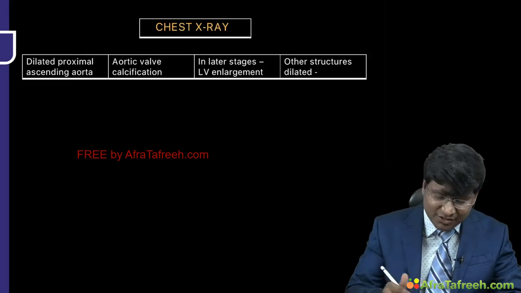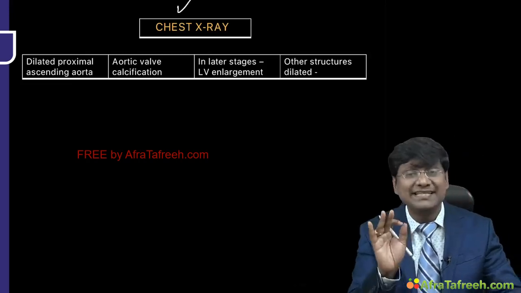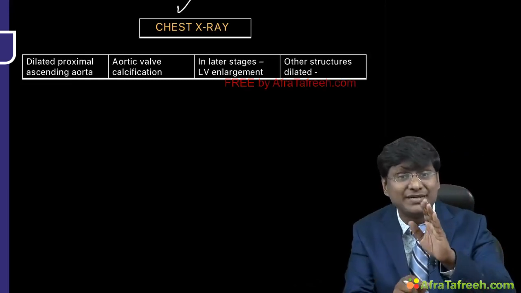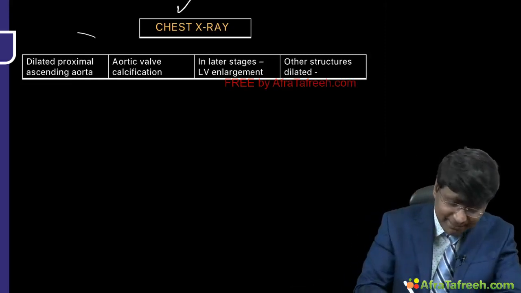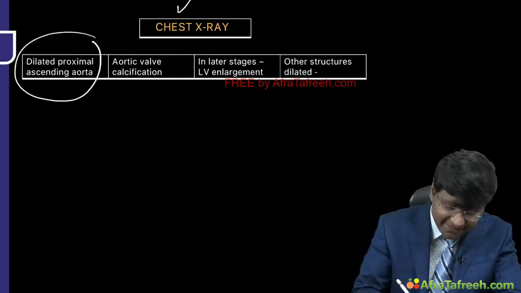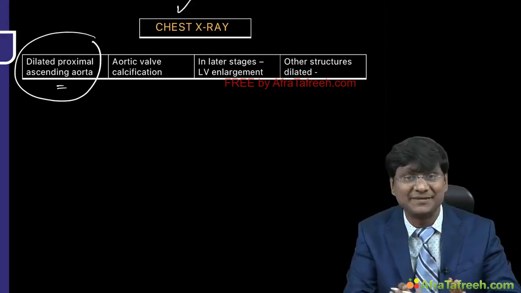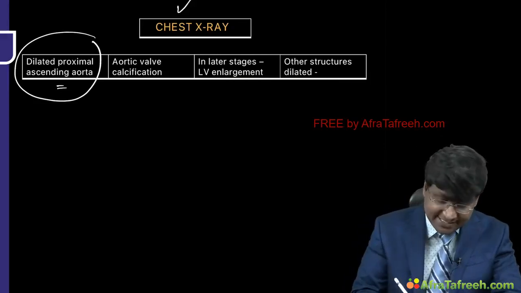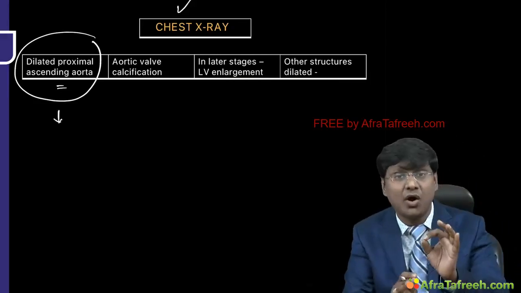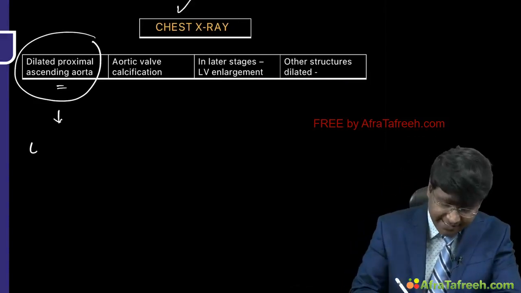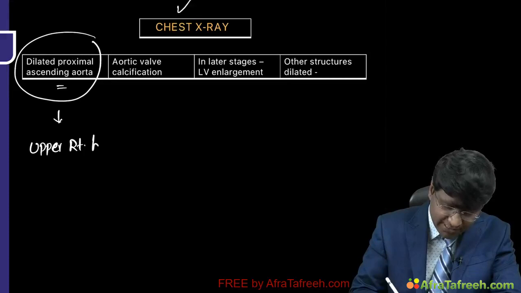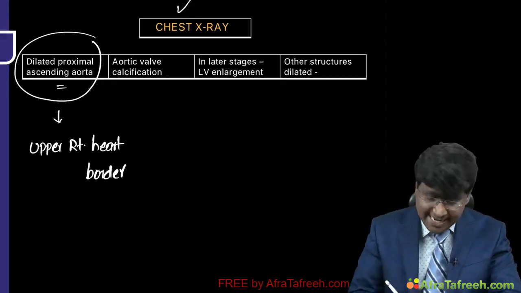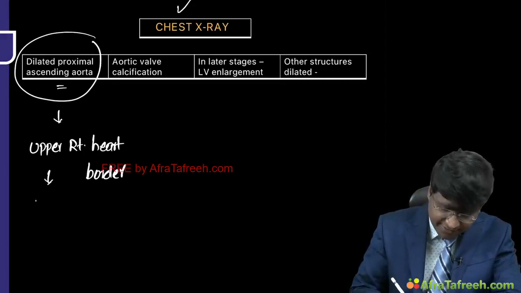Another importance of the chest X-ray is that you will also be able to determine the presence of a dilated proximal ascending aorta, and this you will observe along the upper right heart border. And which view is important for this?